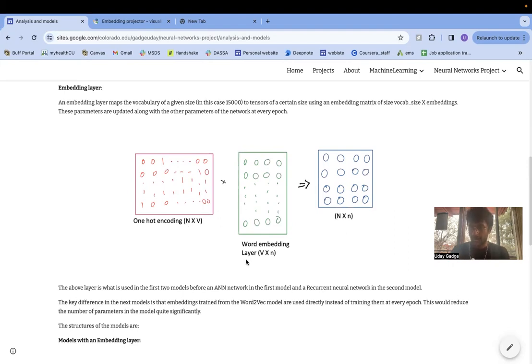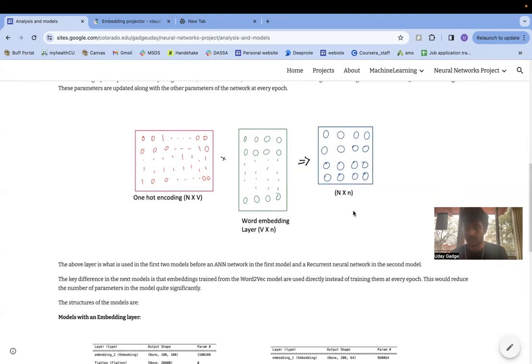And there is a randomly initialized embedding layer, which is of the size v by m, where m is the size of each word embedding that we want to encode these words in. And then just multiplying this would give an n by m matrix, where each row is a word and every row is essentially the embedded form of the word within the text.